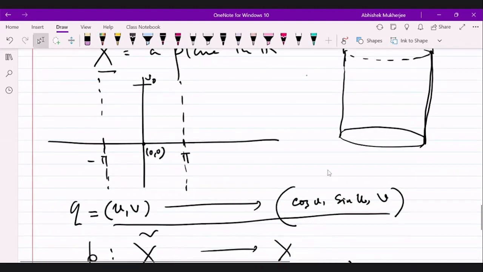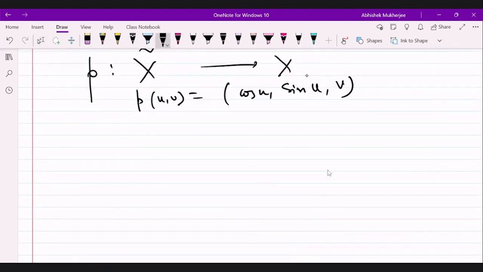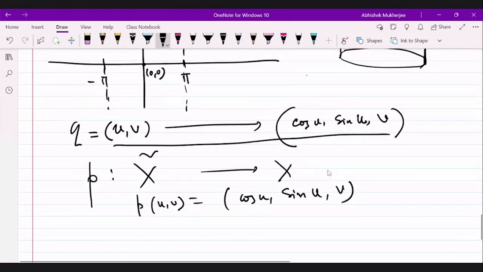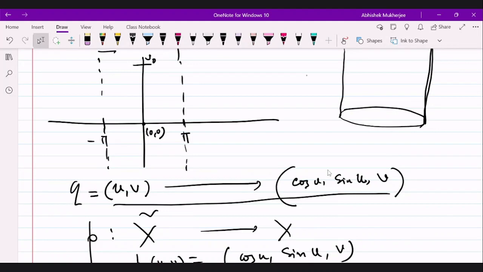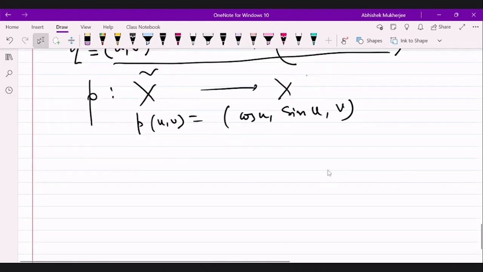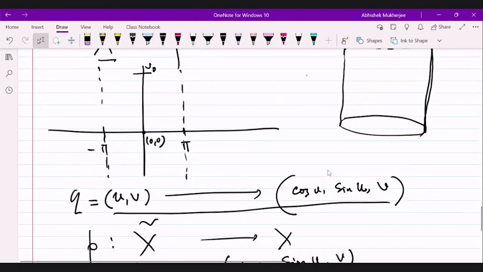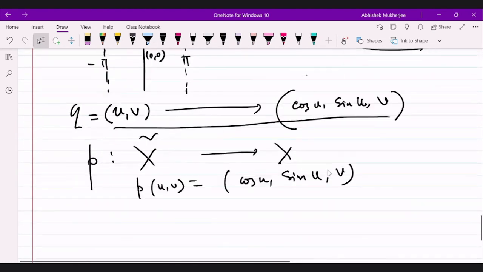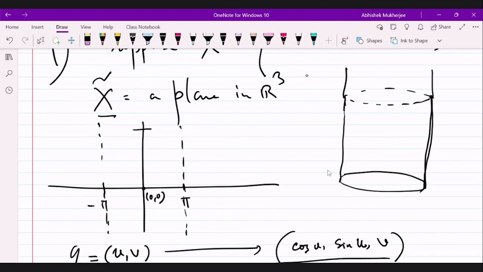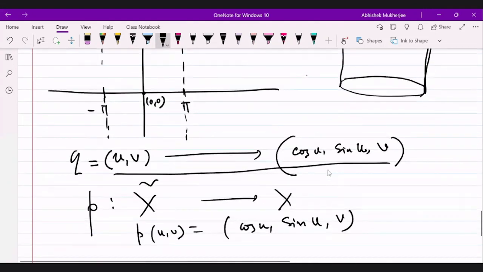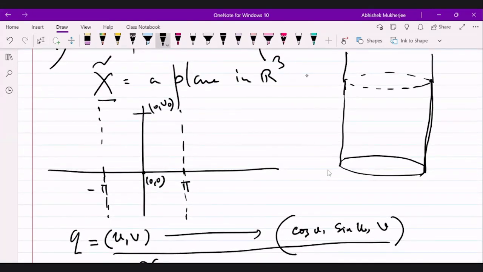So let us take this as (0, v naught). Let us call it q naught.